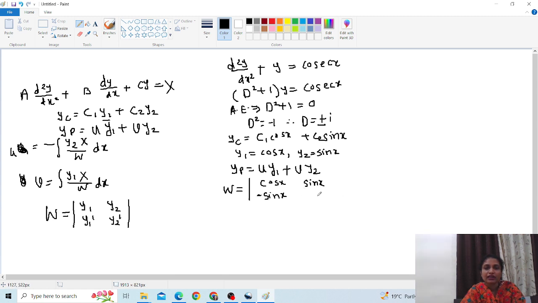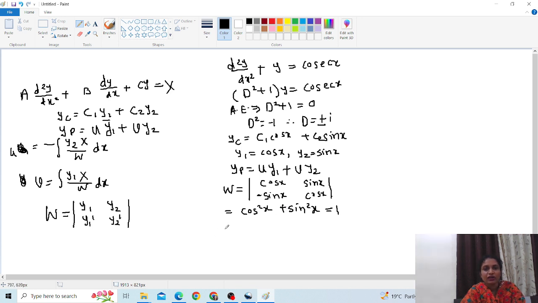And derivative of sin x is cos x. You know very well how to find the determinant. Cross multiplication, cos into cos will be cos square x minus sin into minus sin, with negative sign. So minus minus becomes plus. So it is sin square x. And you know very well sin square plus cos square is always 1. So we got w as 1 in this case.